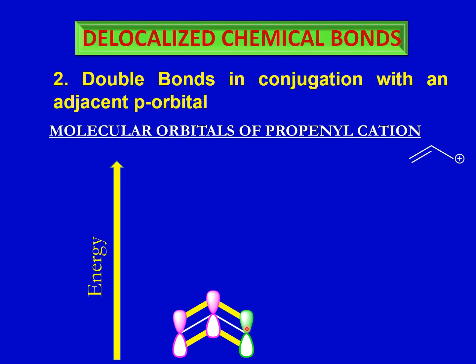So in the previous case we had 4 pi orbitals involved in resonance. So as a result 4 molecular orbitals were formed for 1,3-butadiene, but in this case only 3 orbitals, 1, 2 and 3 orbitals are involved in resonance or delocalization. So 3 molecular orbitals would be formed.